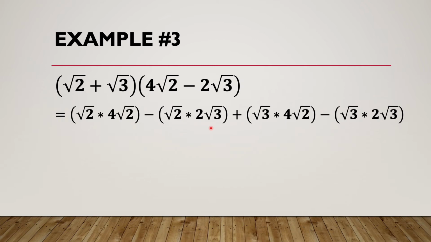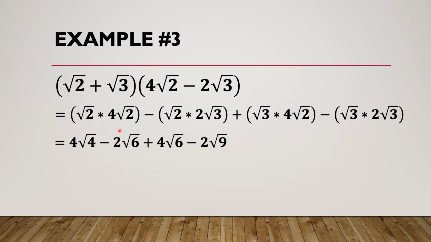Then, inner, square root of 3 times 4 square root of 2. Positive, positive, so we have positive. Then last, square root of 3 multiplied to negative 2 square root of 3. Positive, negative, negative.